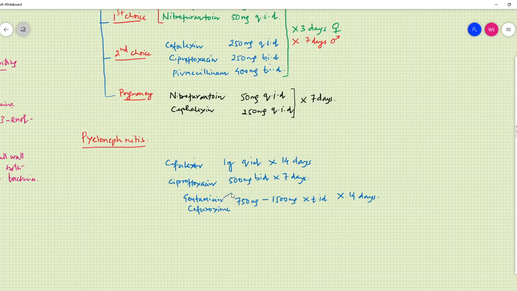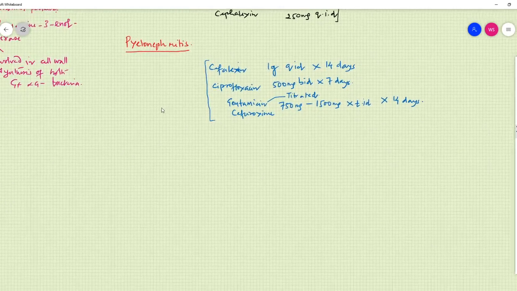So gentamicin has to be titrated according to the renal function of the patient in pyelonephritis.